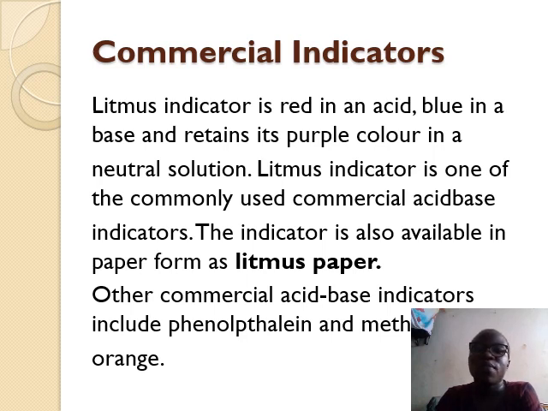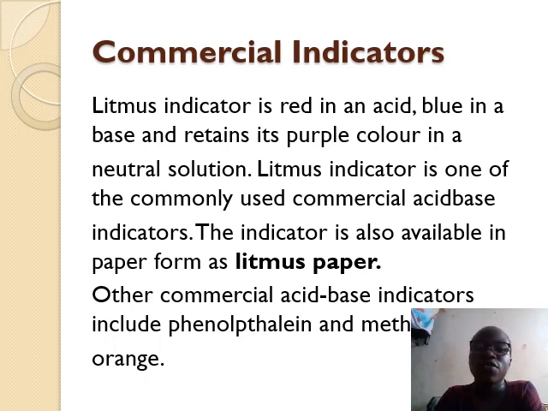So we are going to talk about commercial indicators. These are indicators that are commercially produced or commercially made. The first one we are going to talk about is litmus indicator. A litmus indicator is red in an acid, blue in a base, and retains its purple color in a neutral solution.